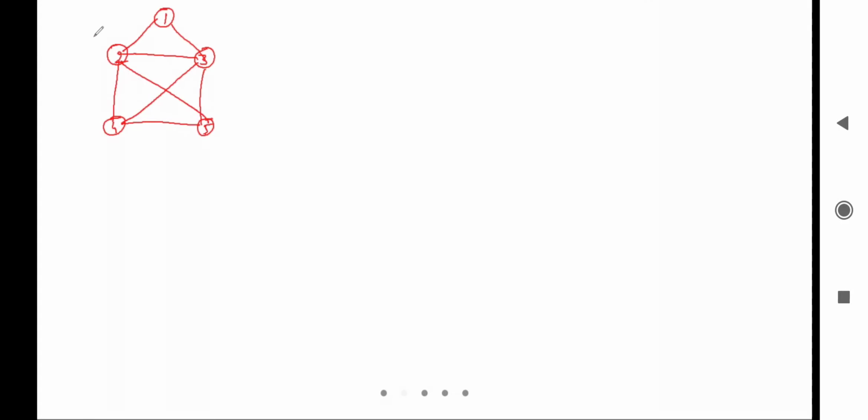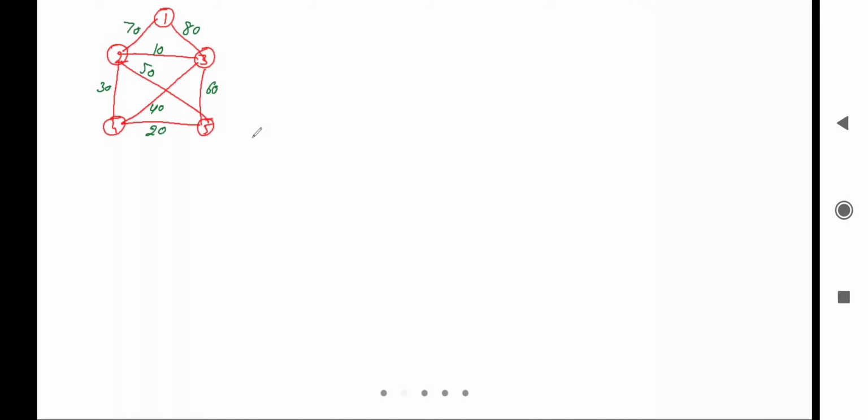Okay, and their weights are given as: weight for this one is 70, for this one 80, for this one 10, for this one 30, for this one 50, for this one 40, for this one 60, and for this one 20. So this is the graph given and their weights are given, right?